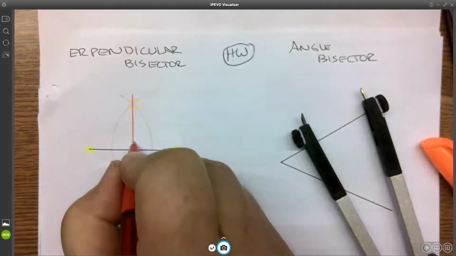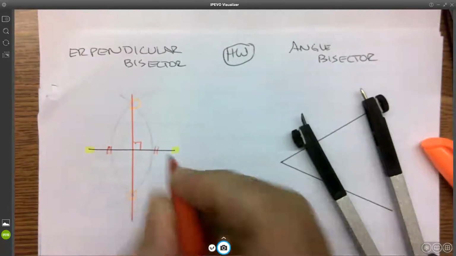Please remember to make the proper notation showing that it's perpendicular and that it's congruent.